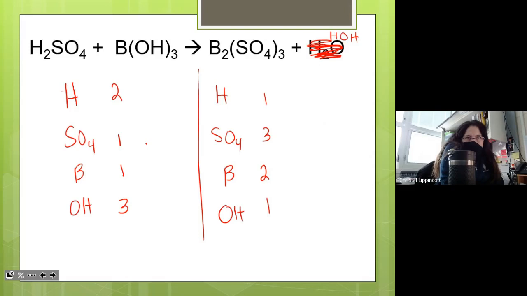I would strongly suggest that you balance equations in pencil as well, especially until you're used to doing these.